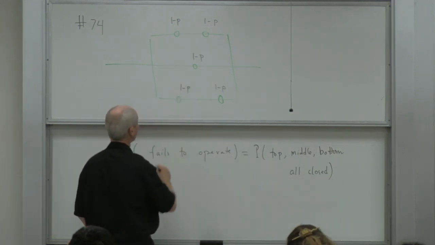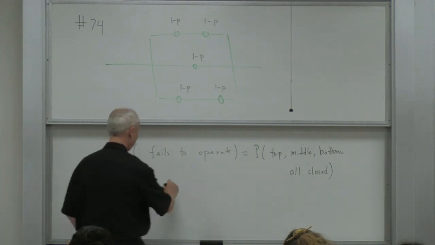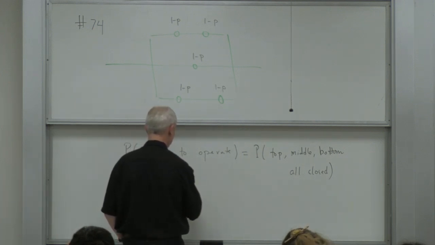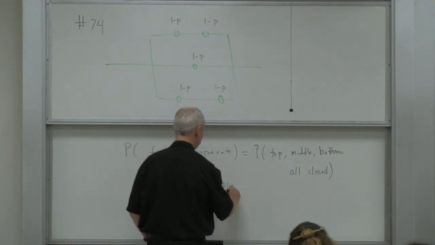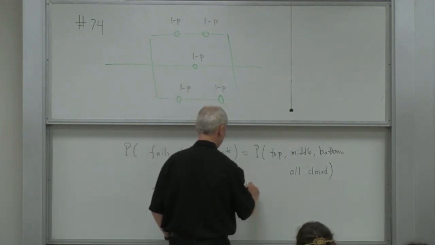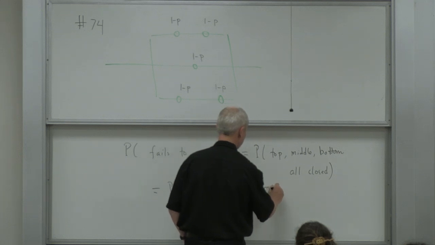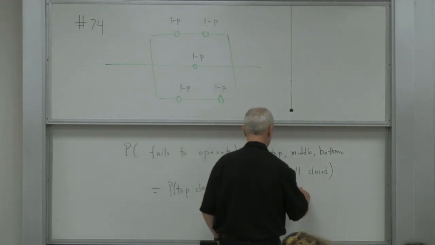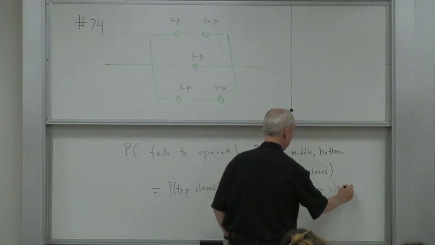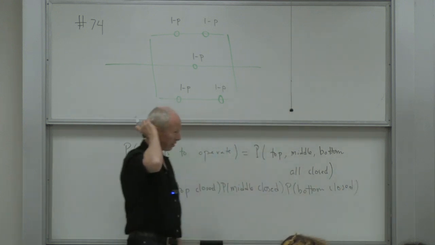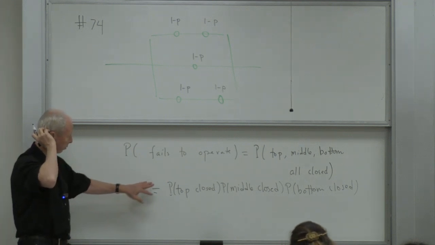And they're independent, so it would be the probability that the top is closed times the probability the middle is closed times the probability the bottom is closed. And what's the reason for that? Why is this equal to that?